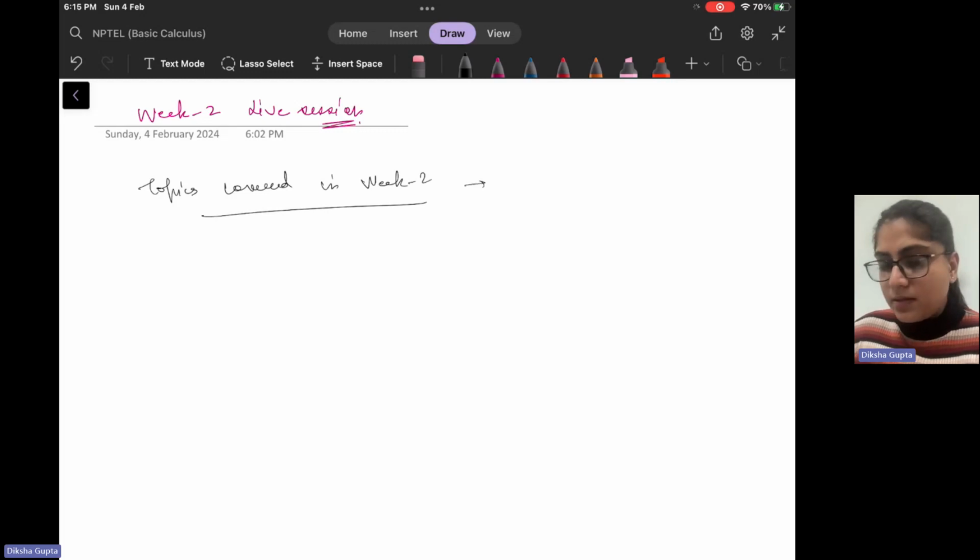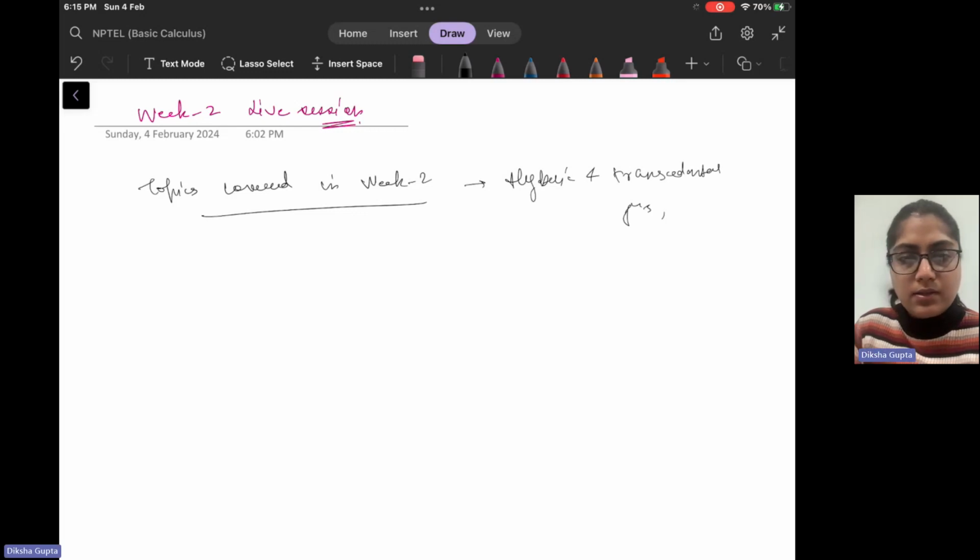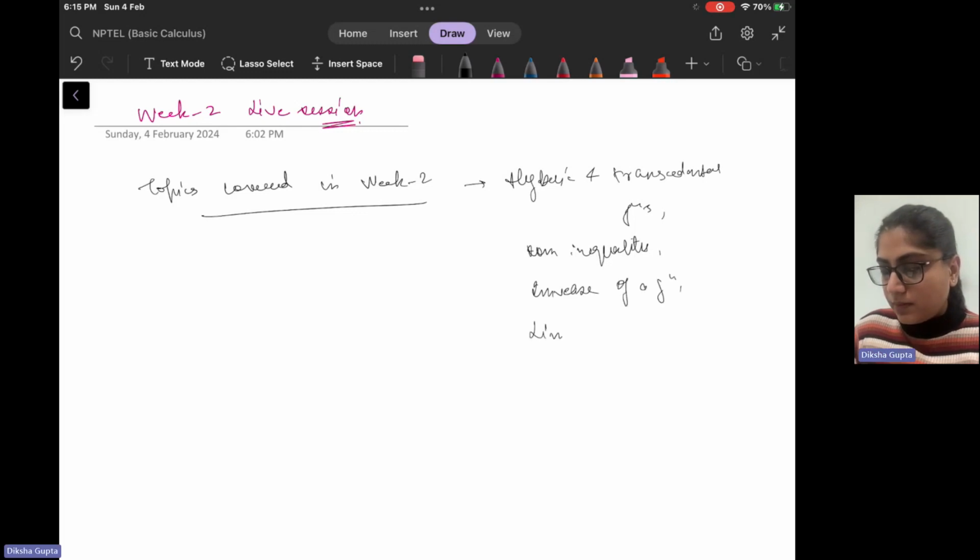Some topics were algebraic and transcendental functions, even and odd functions, some inequalities related to the trigonometric function, inverse of a function, limit of a function, then again algebra of limits, and so on.